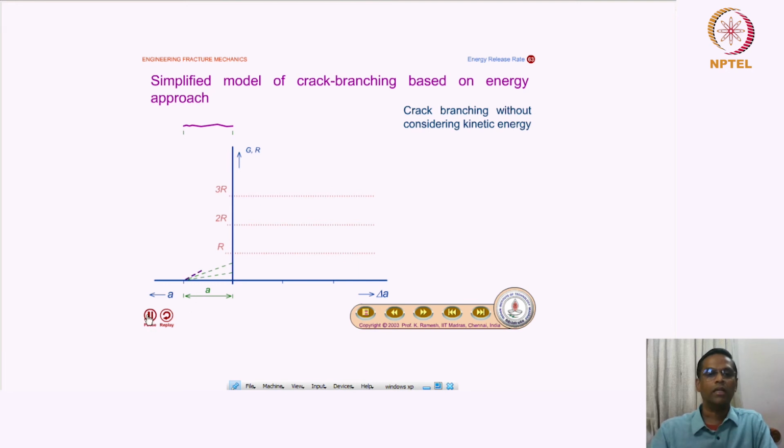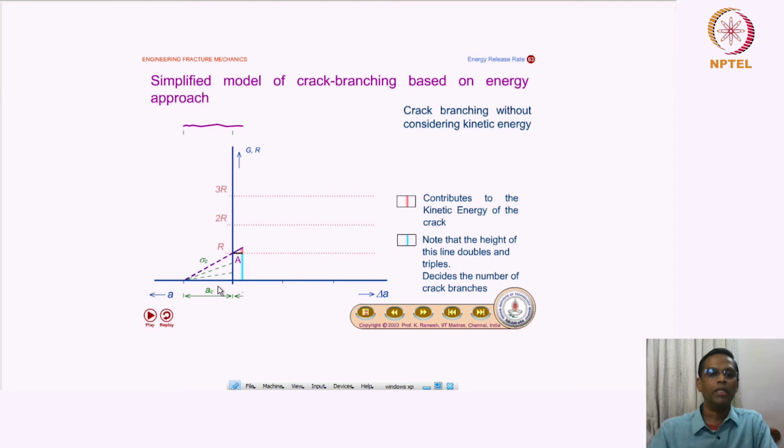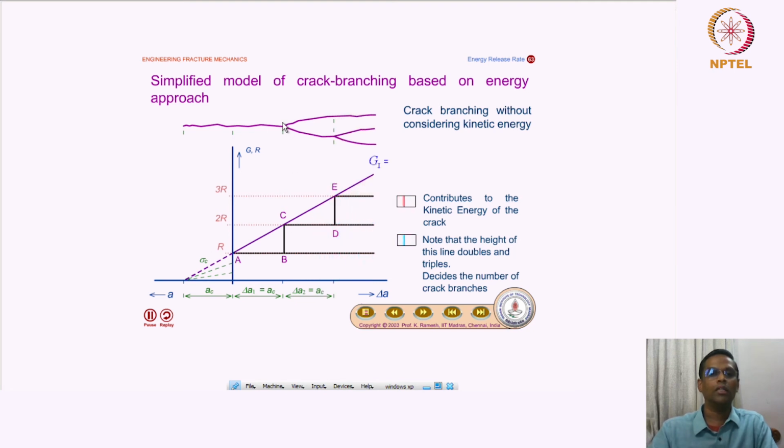Okay, so now let us see what happens. The crack of various crack length a, this is a critical crack length, that is why it is called aC, and these are increments in the crack length plotted against a resistance R. So the initial crack goes like that, and then you watch as it crosses the energy R to 2R, then the crack branching takes place, and then it reaches 3R, then further crack branching takes place, and this happens at a constant load.